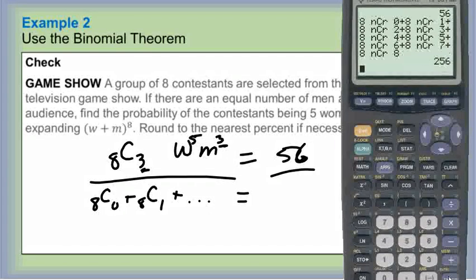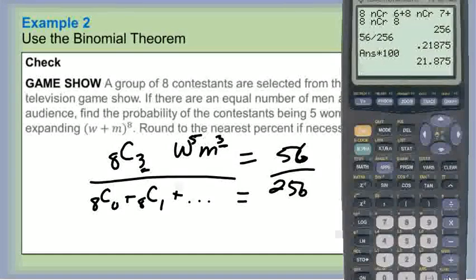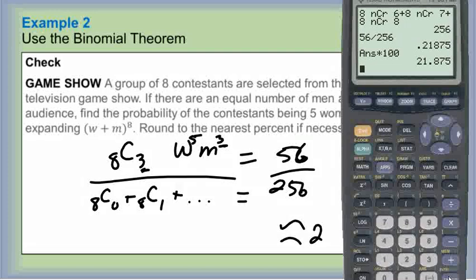Add them up, and that gives us 256. So now I do 56 divided by 256, multiply that by 100. To the nearest percent, that would be about 22%.